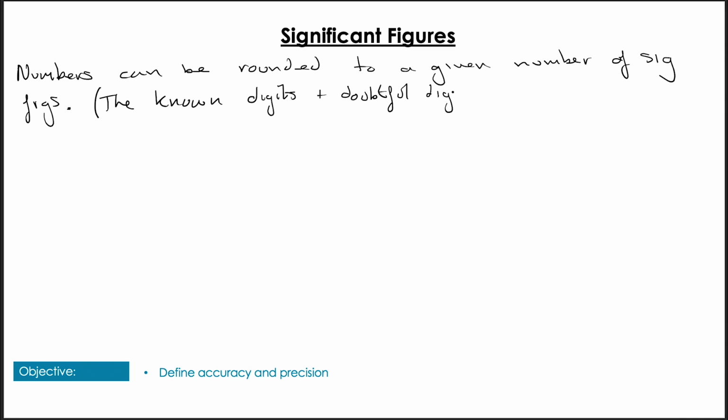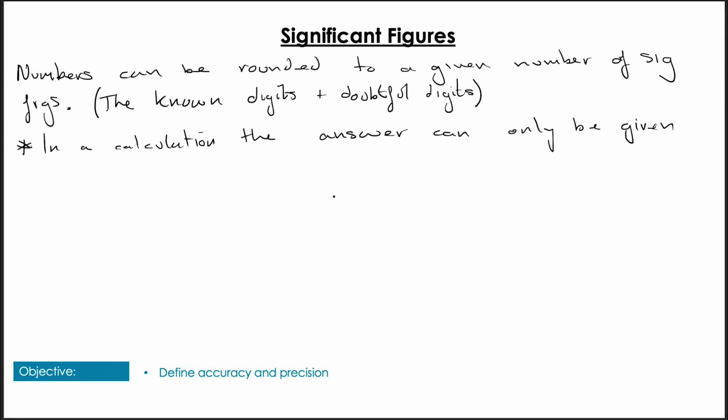And then we have one doubtful digit at the end of our value, which we are not certain about. In a calculation, when we use values of different significant figures, our answer can only be given to the minimum number of significant figures that we used for any value in our calculation.